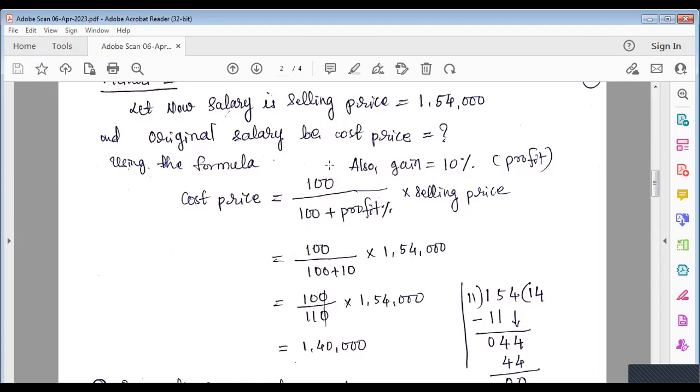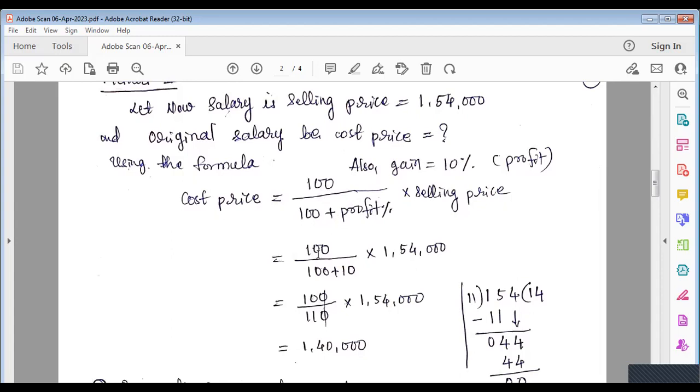So using the standard formula, there is a 10% gain because his salary is going to increase by 10%. So that you can take as a gain or profit. So using this usual formula, the cost price is equal to 100 divided by 100 plus profit percentage into selling price. You can solve this problem very easily.